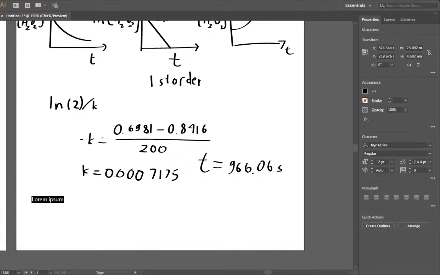Okay, because this is a first order reaction, the rate would equal negative d[A]/dt, which is equal to the constant times [A]. Wait, no, sorry.